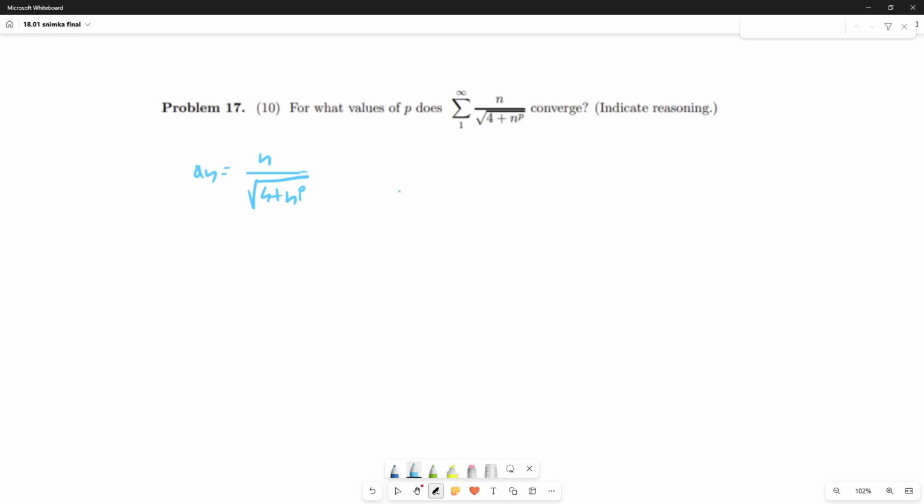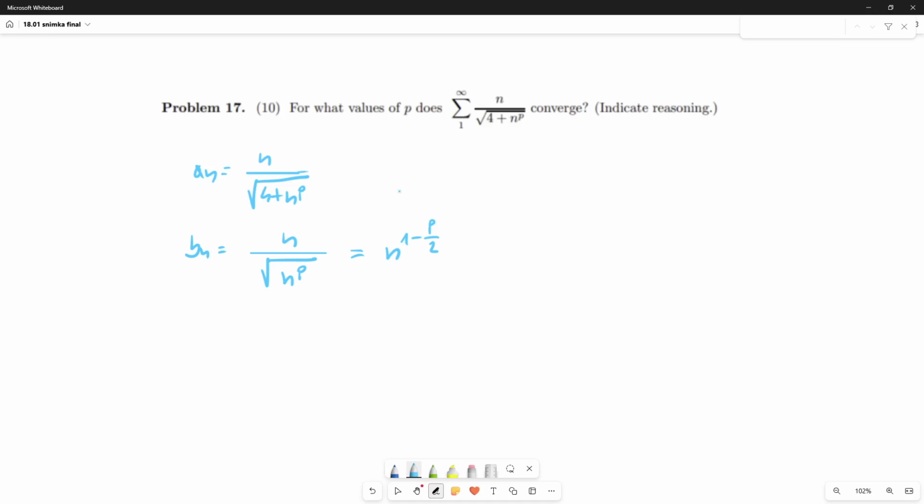This series seems difficult to deal with, so we will try to approximate it using a different related series where the term bn is equal to n over square root of n to the power of p, which can also be written as n to the power of (1 minus p) over 2.